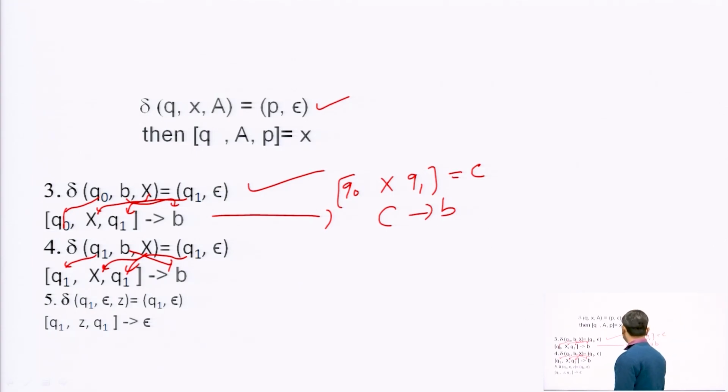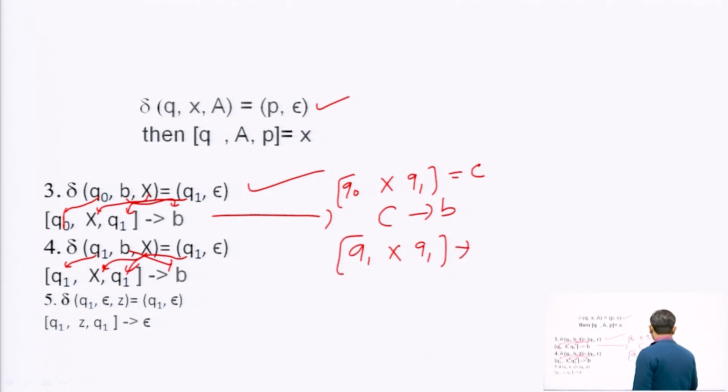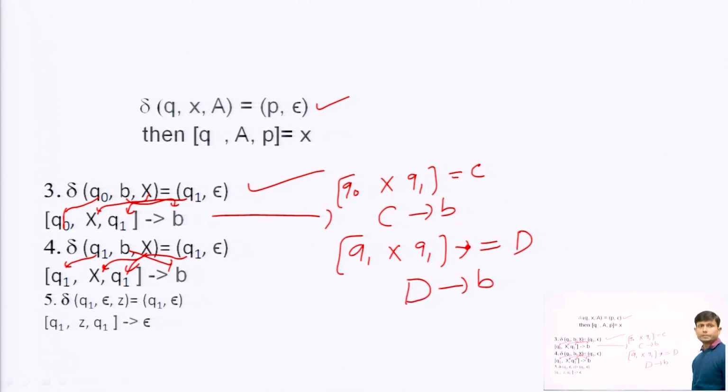Suppose as an example we assume q1 x q1 as a D, then this is D2 b, D2 b, like that the production will be. For a pop operation the production will be like this, D2 b.